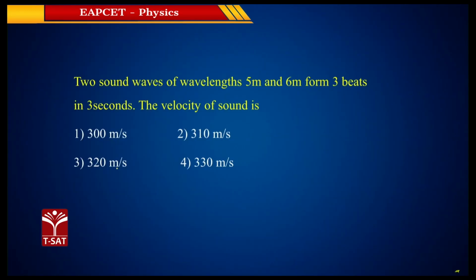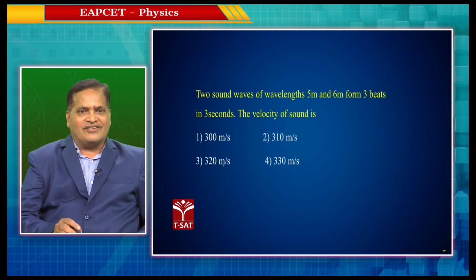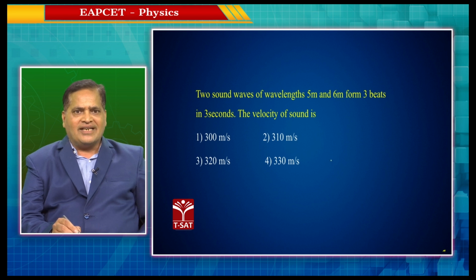Two sound waves of wavelength 5 meter and 6 meter form 3 beats in 3 seconds. The velocity of the sound is... Here you know what the beats are. Tell me children, what is the beats?